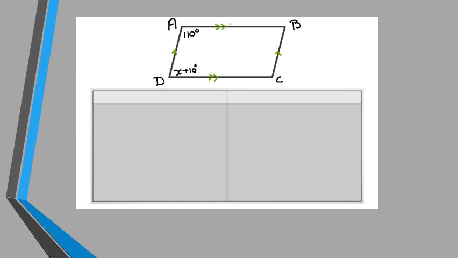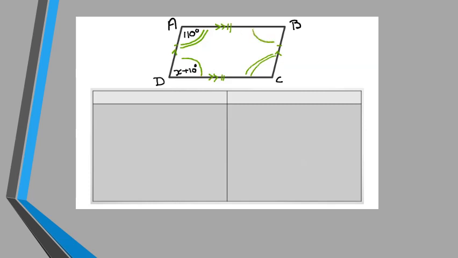I also know that the opposite sides have equal lengths. But the one I'm interested in now, because we are working with angles, is that the opposite angles are equal. That means opposite angles will be the same.